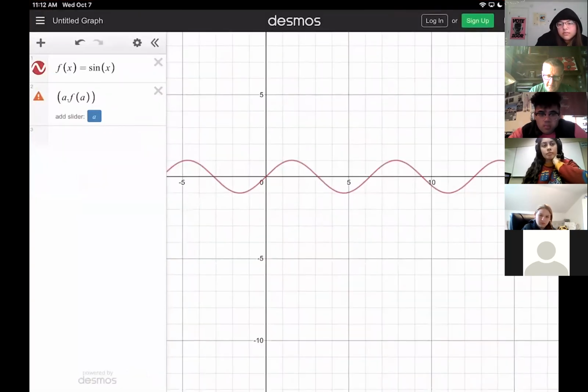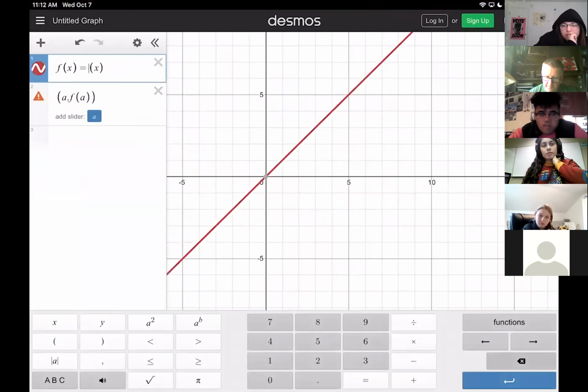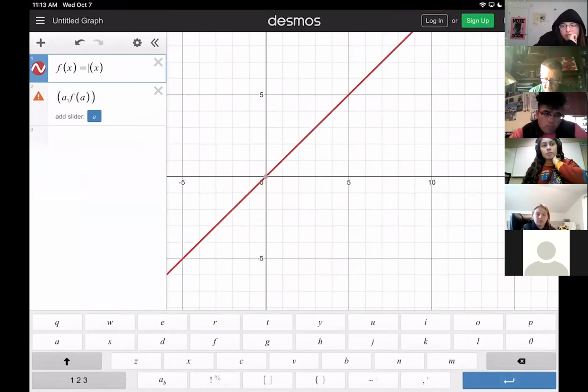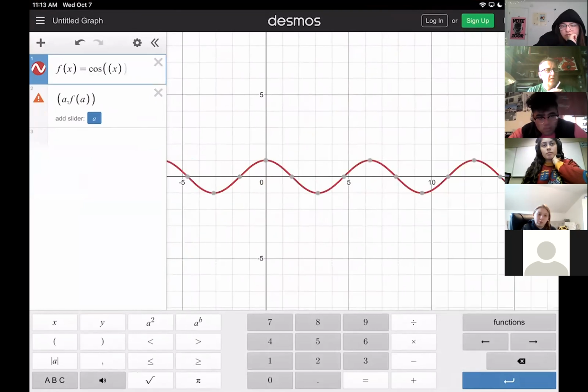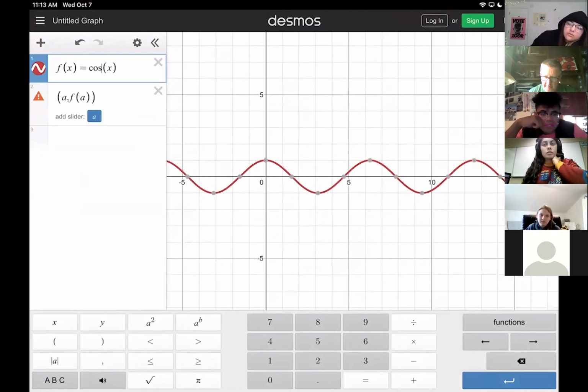Let's look at one more thing really quick before we run out of time. There's cosine. So now our question is, what's the derivative of cosine of x? And notice it's still like both cosine and sine are the same graph.